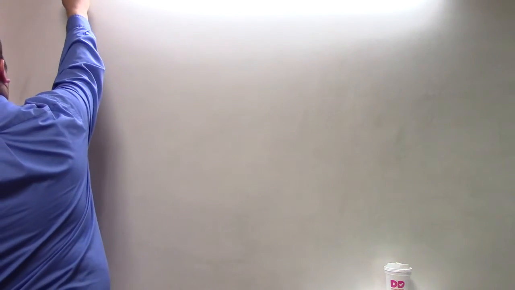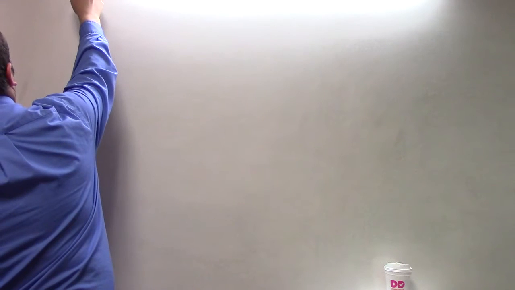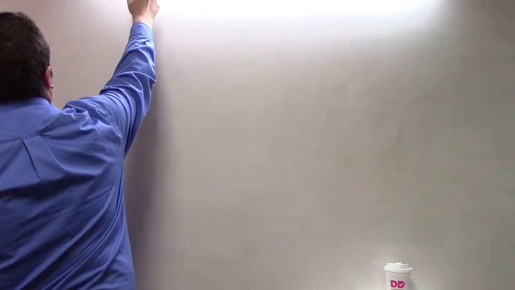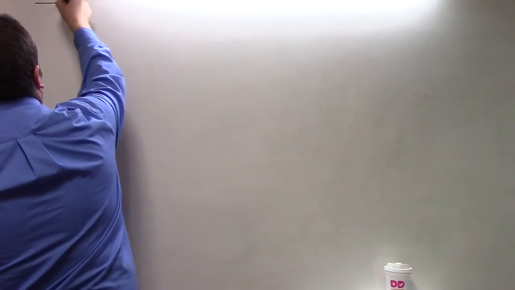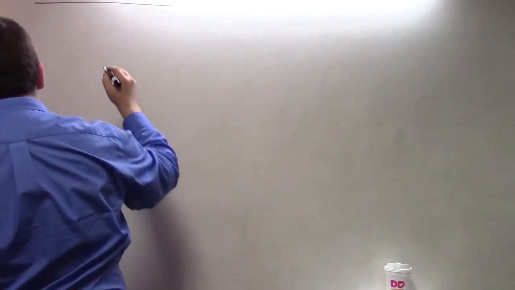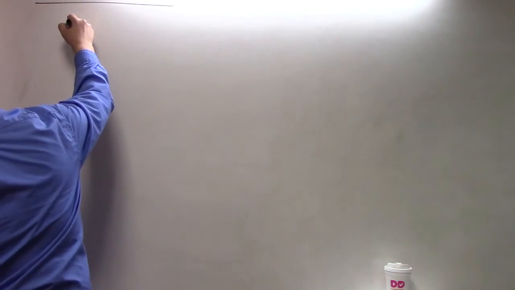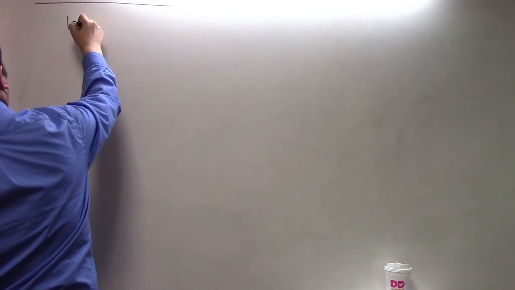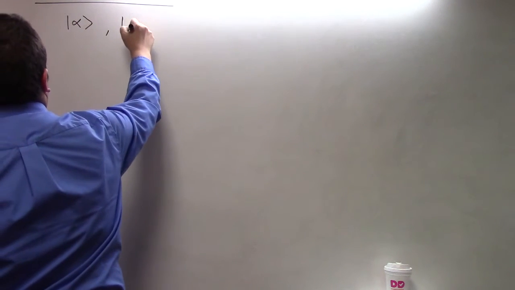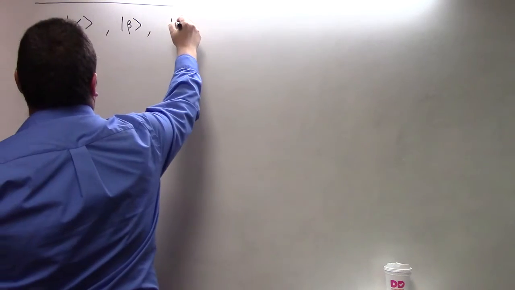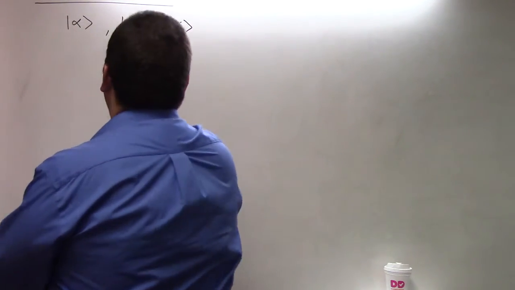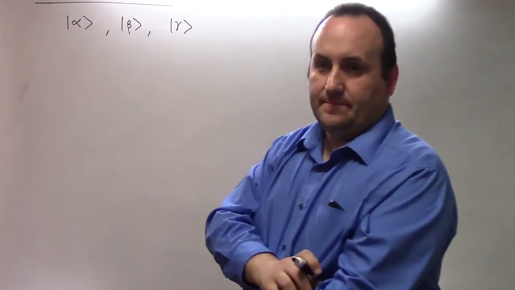So in quantum mechanics, we tend to use the following notation for the state, like alpha or beta or gamma. These are so-called kets, all right?